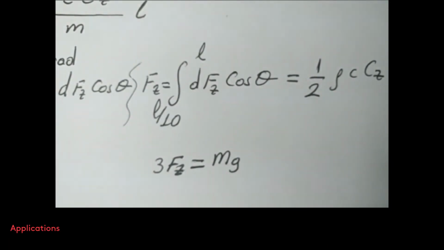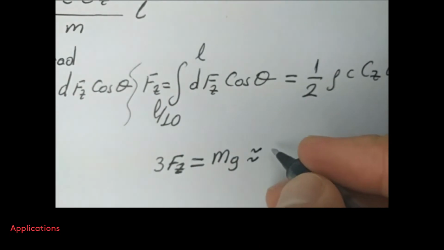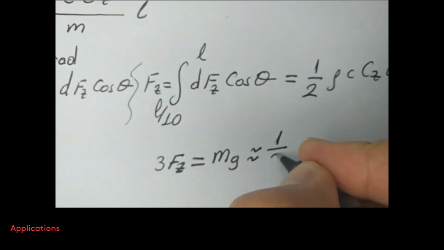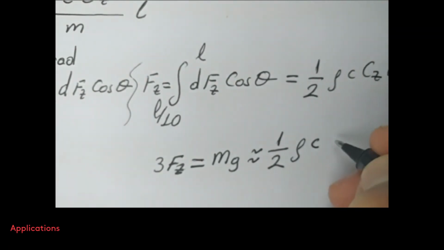Now L cube divided by 10 to the power 3 is very small, so we can neglect it. Roughly speaking, this is approximately equal to 1 over 2 rho c Cz omega square L cube.